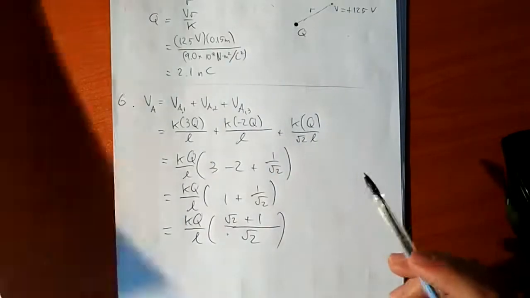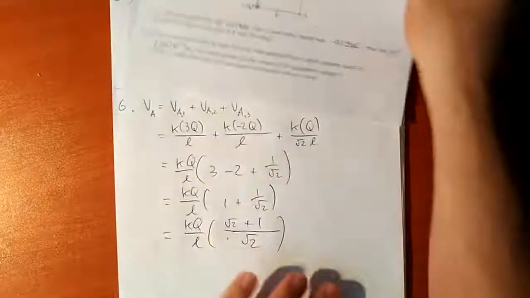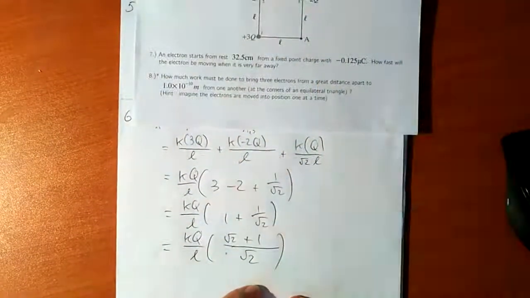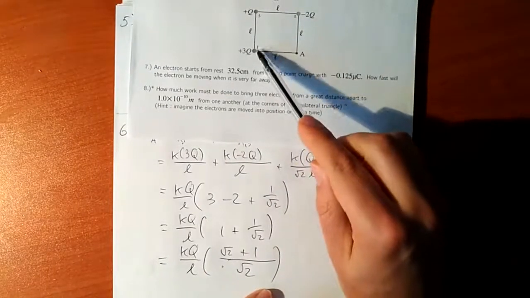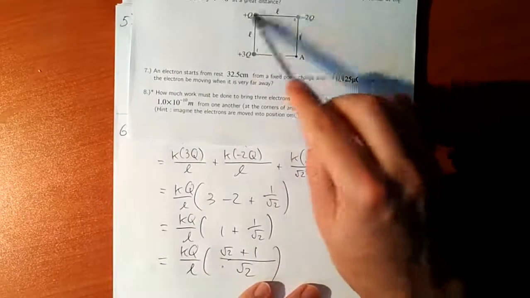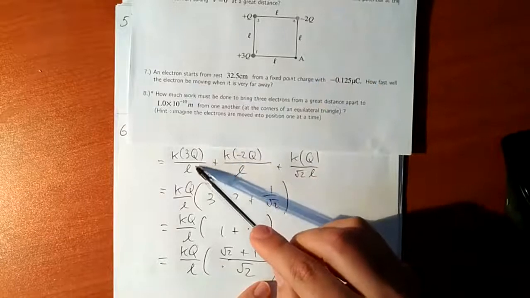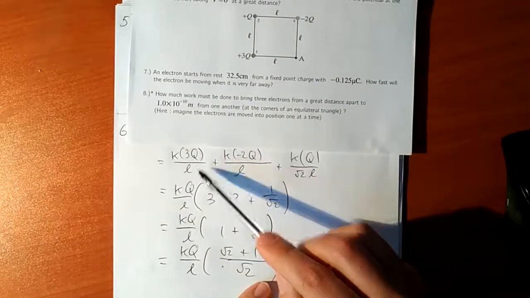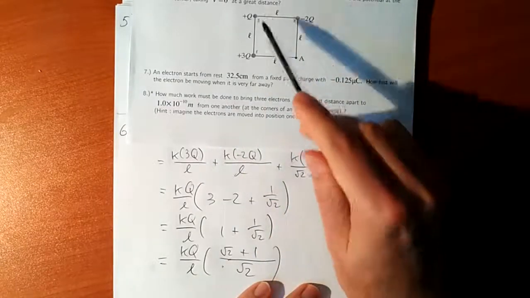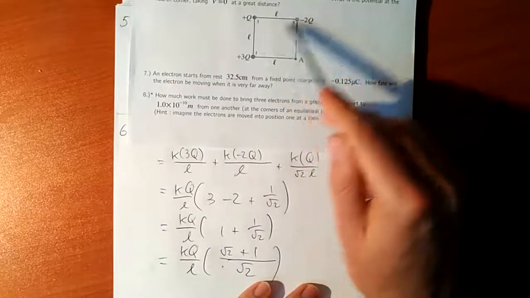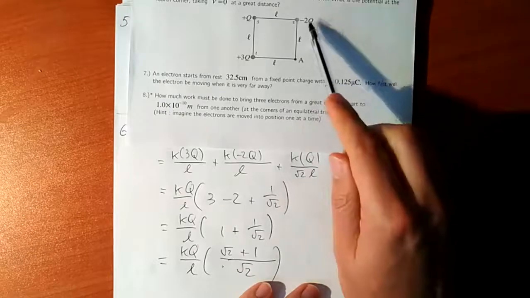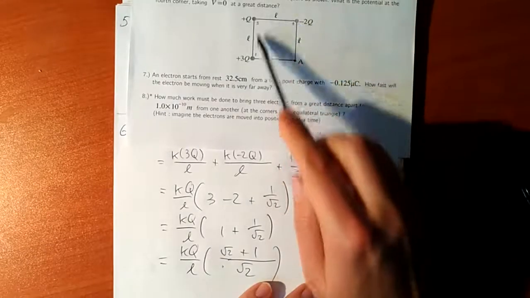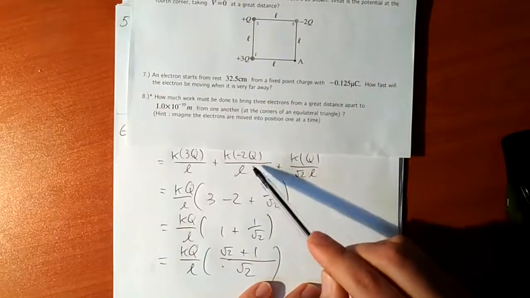So, just to recap what happened: if only that charge was there, if those two weren't present, then that term would represent the potential at A. If only that charge was present, not those two, then this term here would represent the potential at A. If only this charge was present, the other two weren't there, then the potential at A would be given by this term.